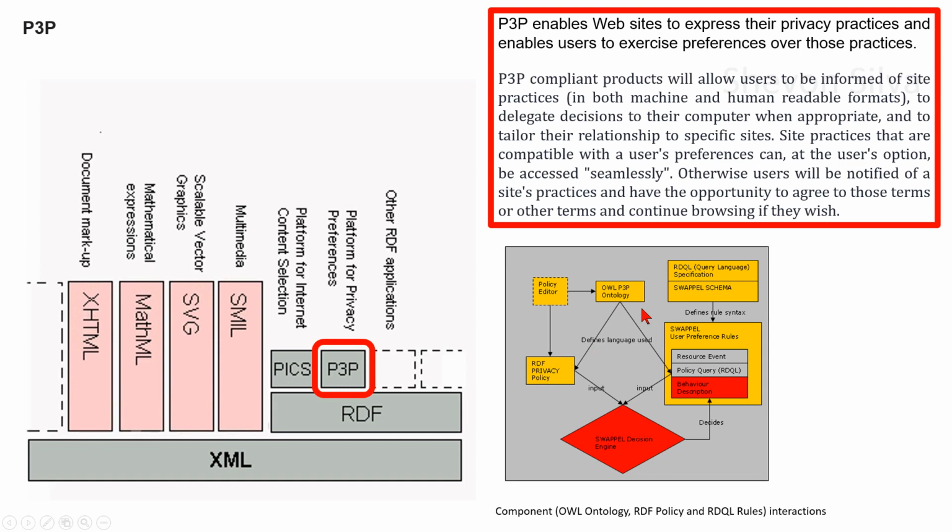The important difference is that the OWL ontology makes statements about the semantics of the concepts used and is not purely syntactic. Using the OWL ontology, RDF P3P policies are written, which are then linked to resources using P3P policy reference files.